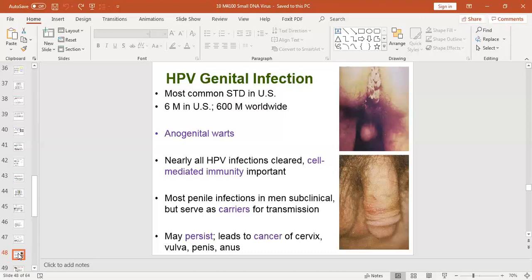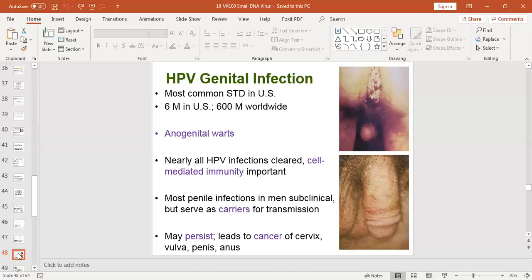However, most penile infections in men remain subclinical. What does it mean? It means that we do not have signs and symptoms of the disease that alert the patient to go and seek treatment.